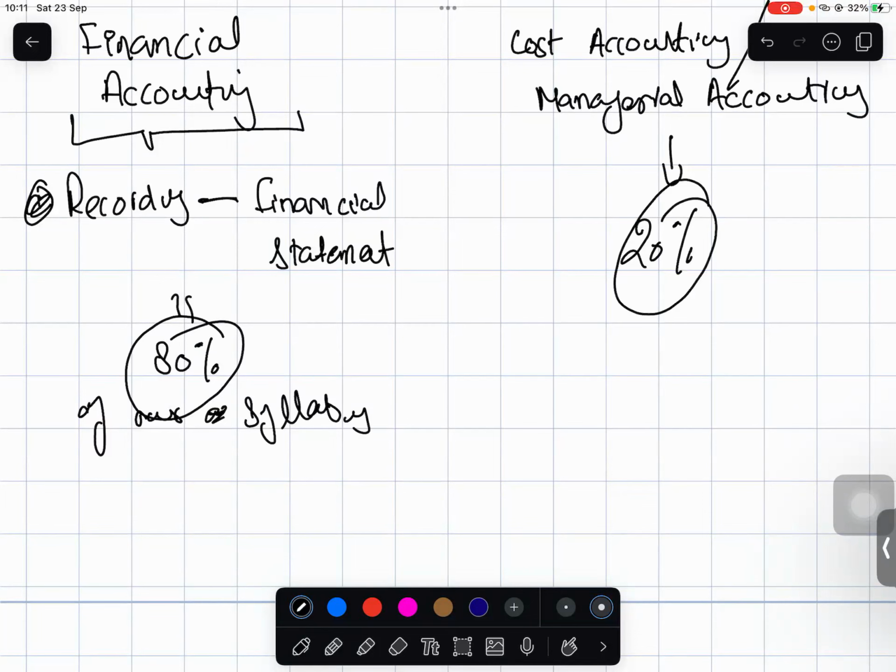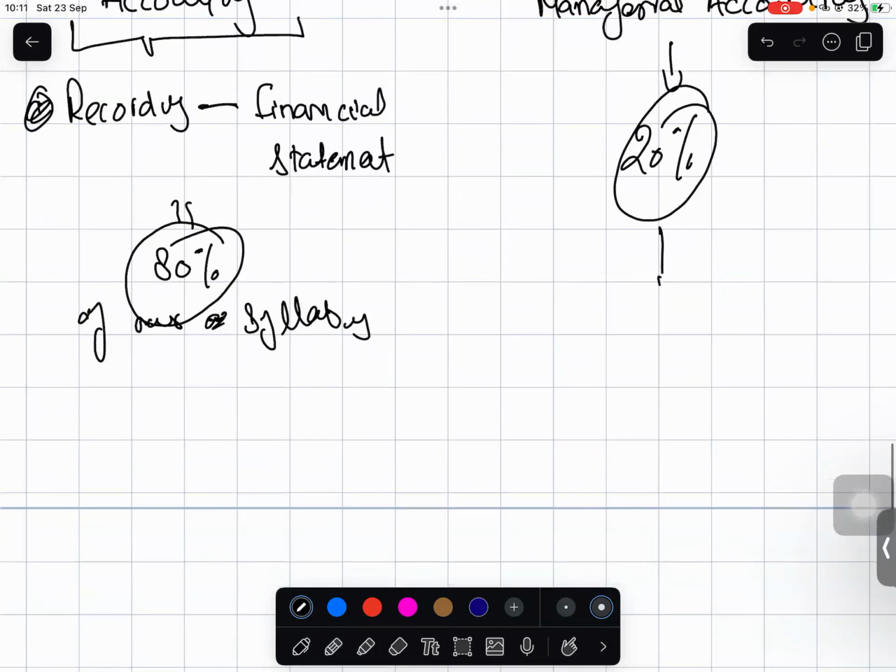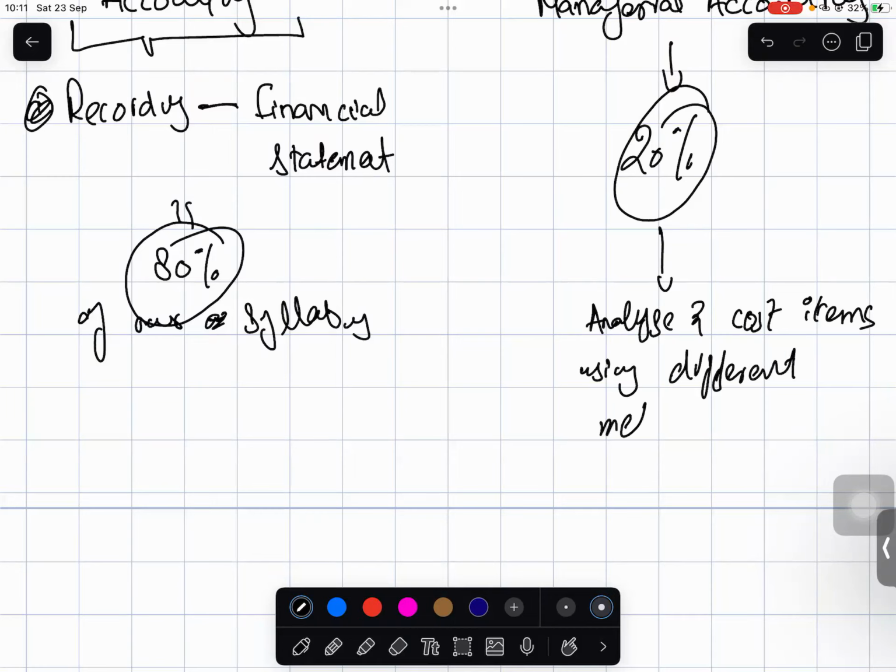And what we do here, as the name suggests, is basically there are different ways to assign cost to your products and analyze cost items using different methods.